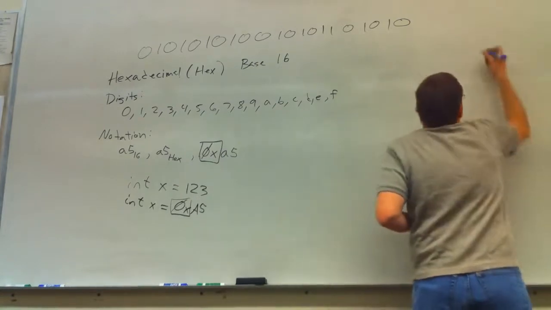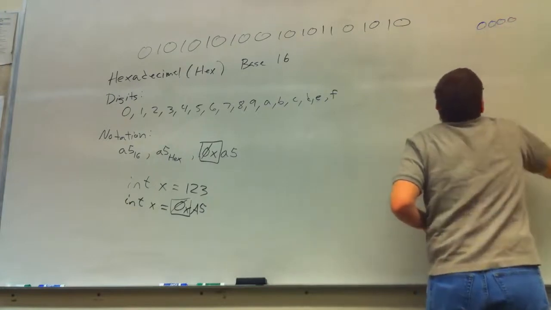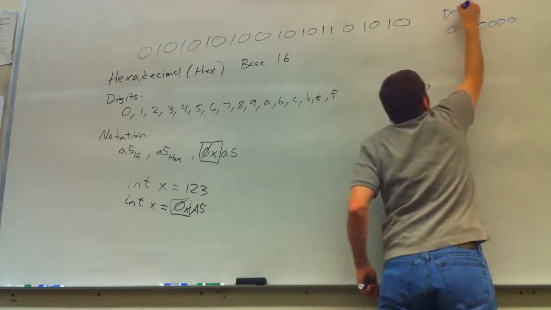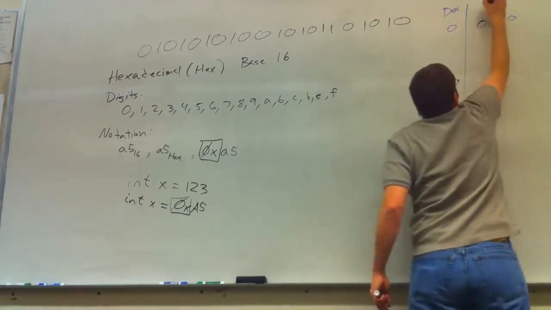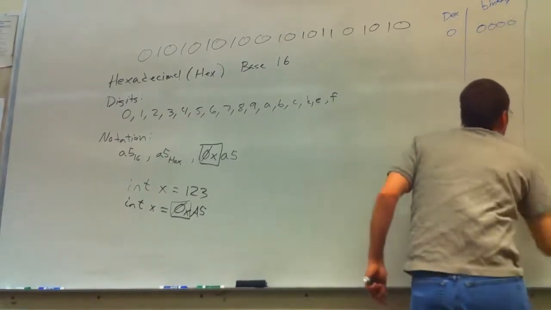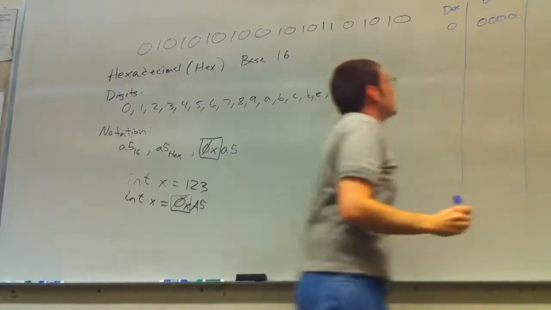So then we create the hex table. These are your binary numbers. If you want to say this is decimal, these are binary numbers, and these are hex.